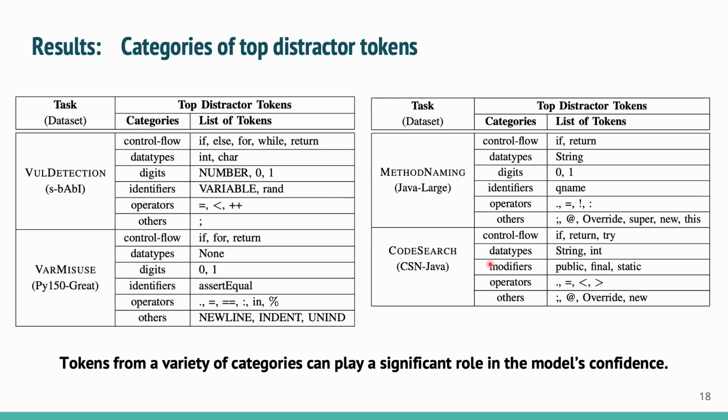And there are some syntax-related tokens such as new line and indentation for Python, and override and semicolon for the Java programming language. So it may highlight that tokens from a variety of categories can play a significant role in the model's confidence, and models seem to be impacted by similar categories over all datasets and tasks we experimented with in our study.